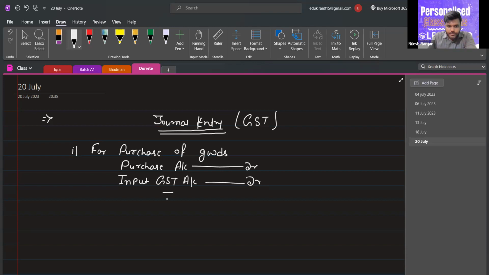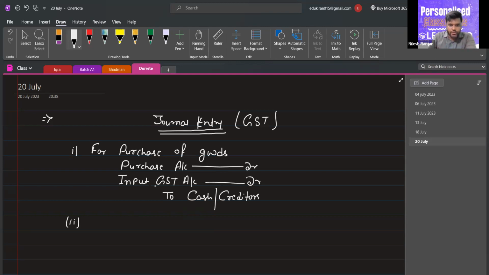IGST is applicable when we are selling to the other state, and CGST and SGST combined will be applicable if we are making a transaction within a state. Yes, sir.